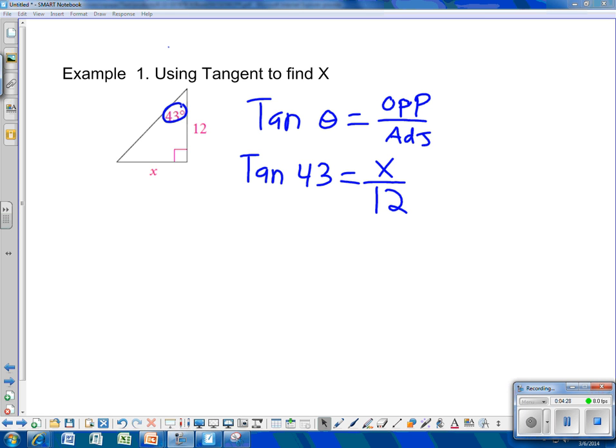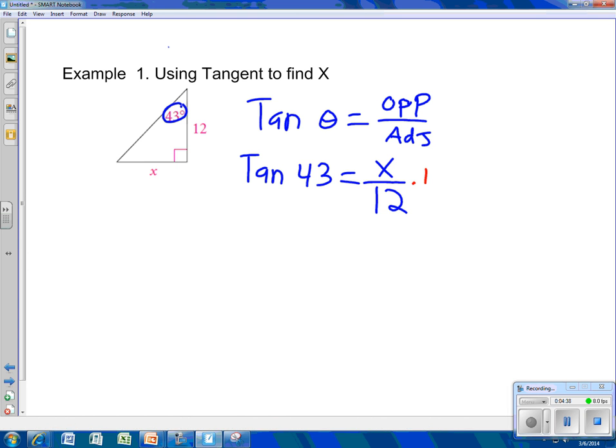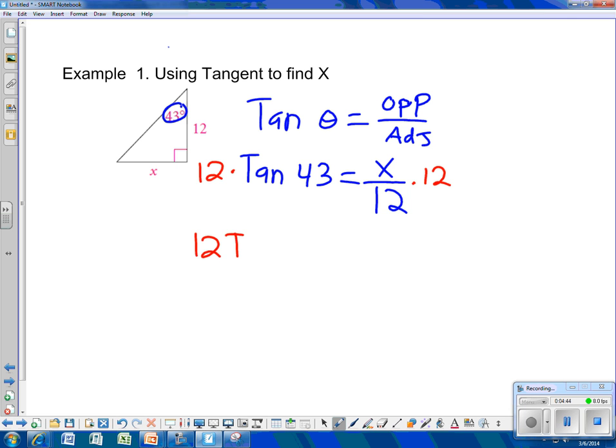Now to solve this equation, we're going to solve it like any other equation. We have tangent 43 equals x divided by 12. In order to get x by itself, we're going to multiply both sides by 12. And we end up with 12 tangent 43 equals x. Now we can just put 12 tangent 43 into our calculator.